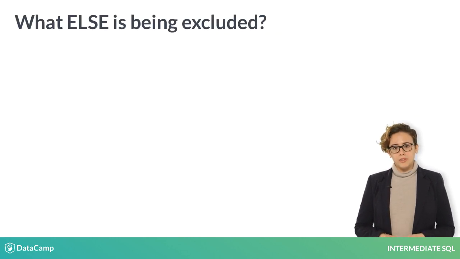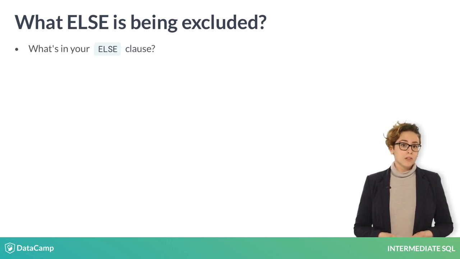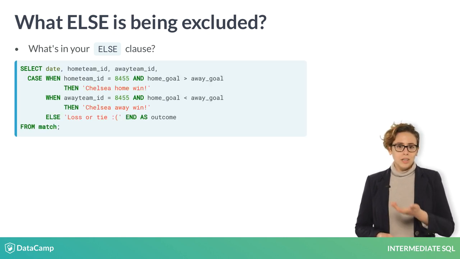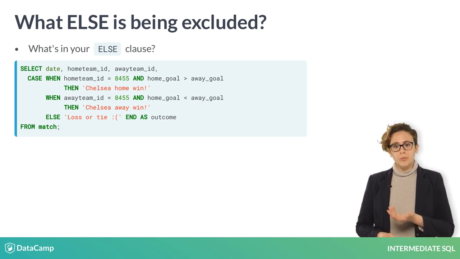When testing logical conditions, it's important to carefully consider which rows of your data are part of your else clause and if they're categorized correctly. Here's the same case statement from the previous slide, but the where filter has been removed.